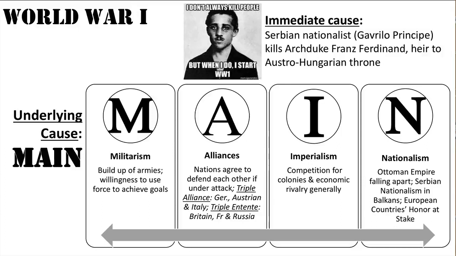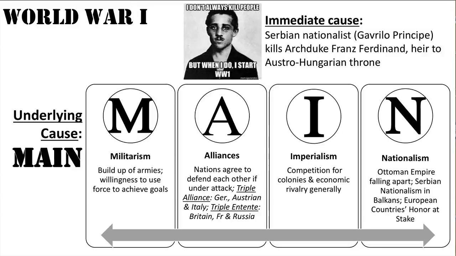But if you've ever seen two guys start fighting, and then their friends jump into the fight, this one's friend jumps in, that one's friend jumps in, and next thing you know, it's a gang war with 20, 30 people ready to beat the heck out of each other, that's like alliances. That's the idea of alliances. You see it in individuals, and you're going to see it with countries.